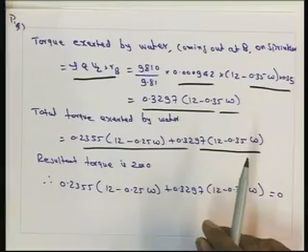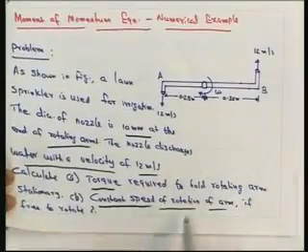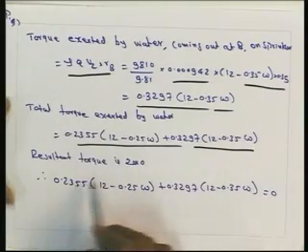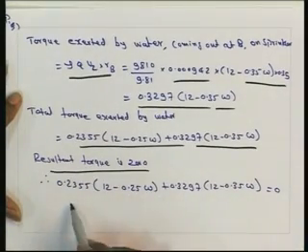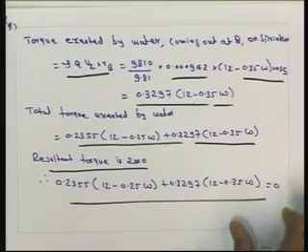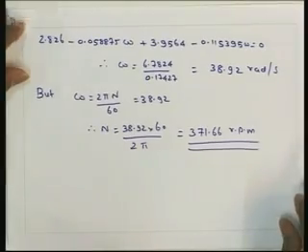Now the question is, we want to find out the constant speed of rotation of the arm if free to rotate. So, we can see that the resultant torque should be equal to 0 for this condition. So, we can equate this to 0, from which we can find out omega, the angular velocity of the rotating arm.